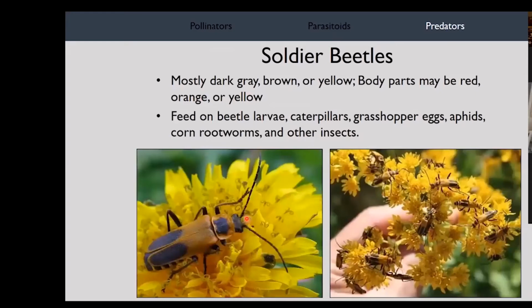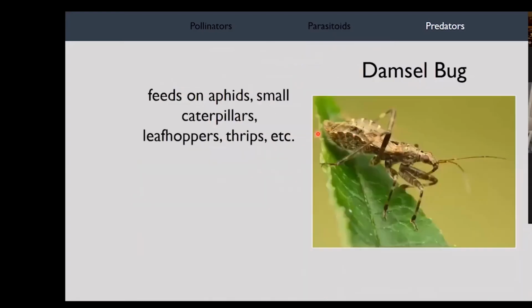When they're not consuming other insects like caterpillars or larvae or aphids, grasshopper eggs, they're going to be needing nectar off that goldenrod and actually needing other resources. So if we can provide them flower and nectar resources, we can help their populations and eat those bad insects.